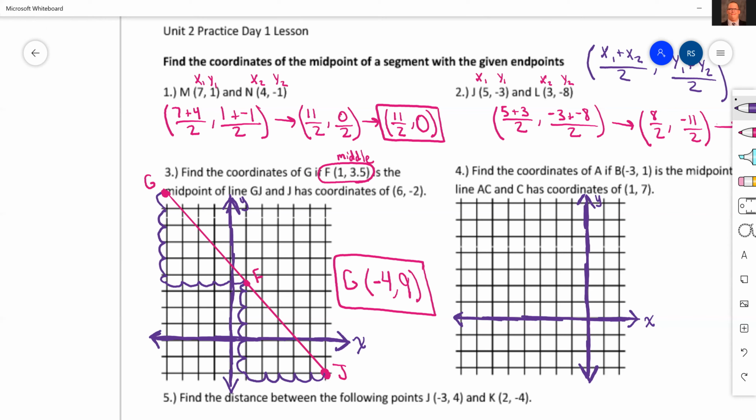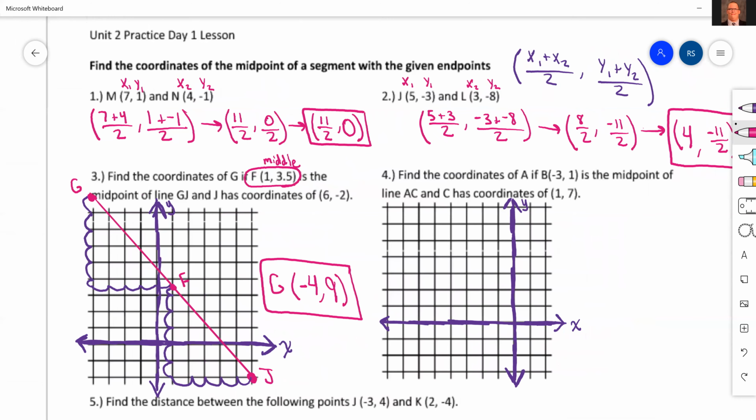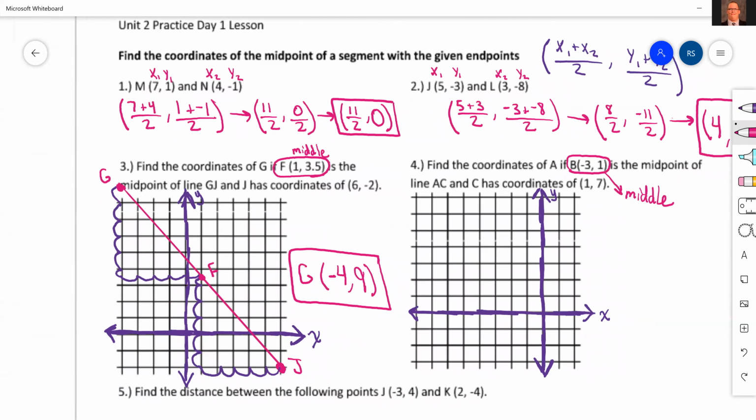Okay, let's see what it says. They ask us to find the coordinates of A if B is the midpoint. B is in the middle. C has coordinates of 1, 7. So I'm going to go 1 up to 7.